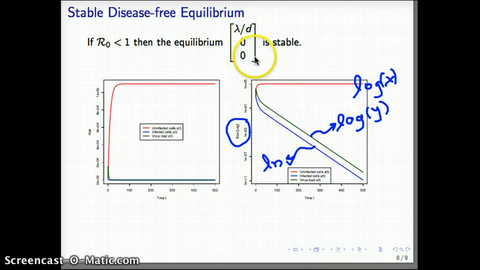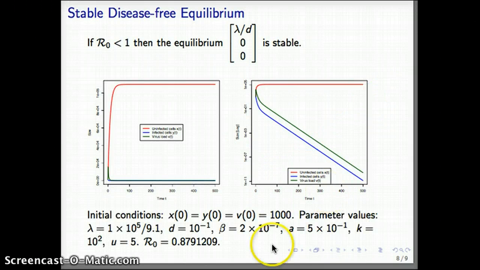So those are approaching 0, and you can have a better resolution. For purposes of reproducing this yourself, here are the values of initial conditions and also the values of parameters, and you can verify that if you plug those values of parameters into that formula of R0, then you're dealing with a value of R0 that is below 1.